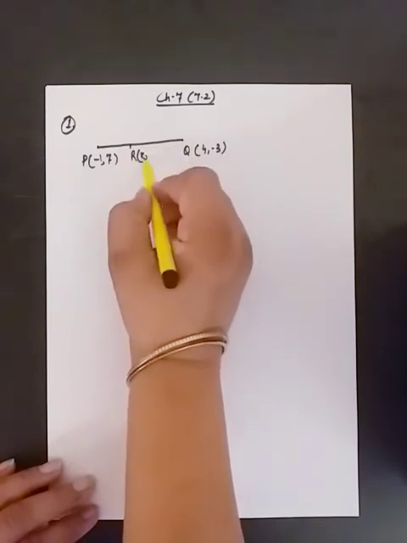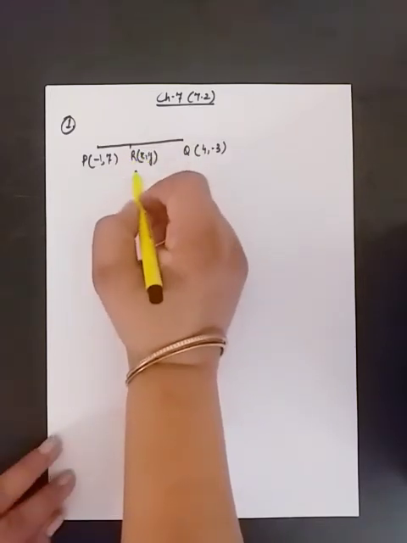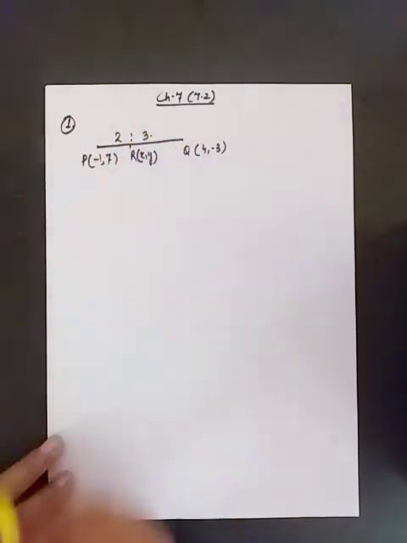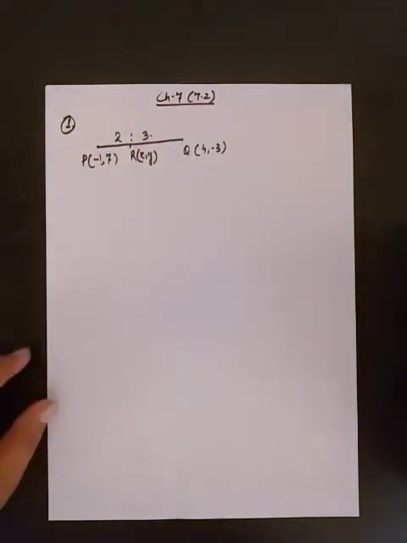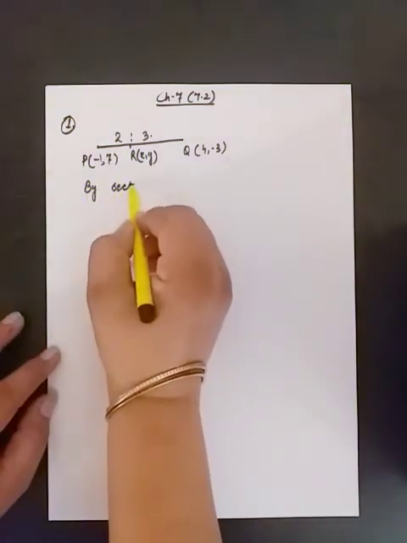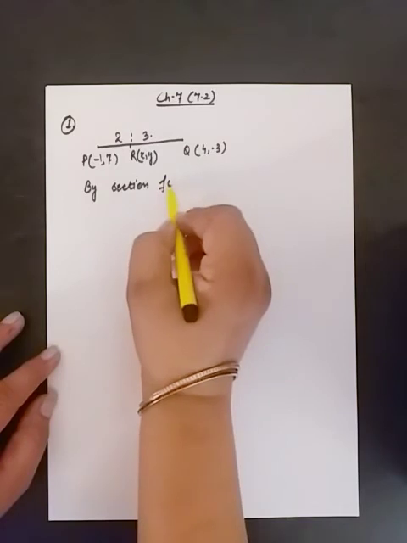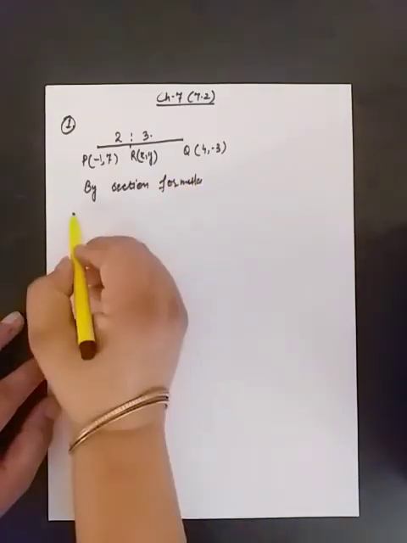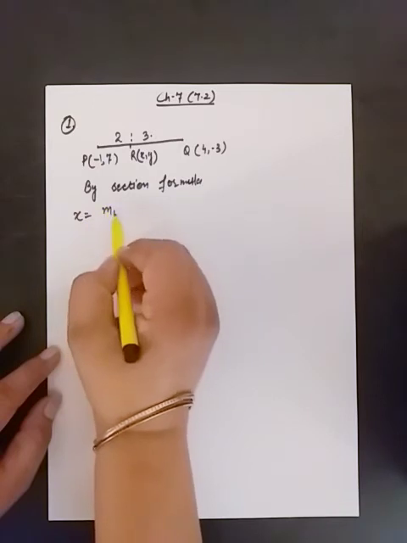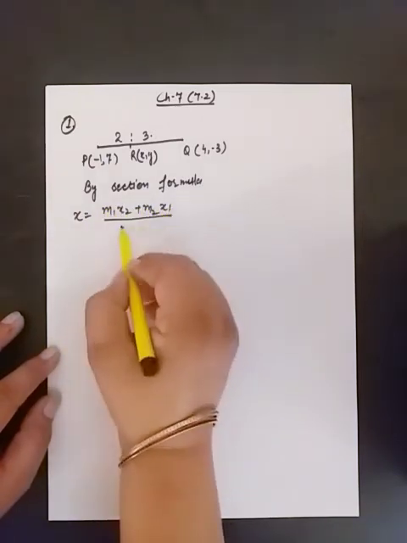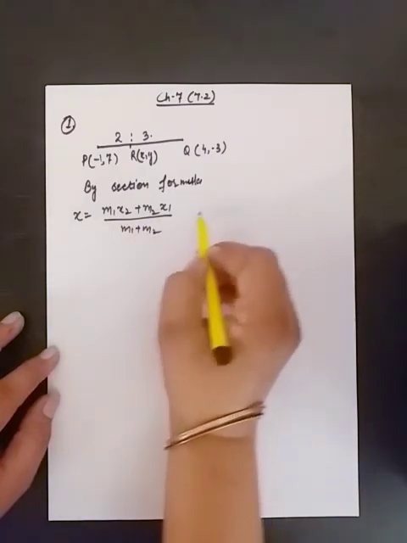Ratio is given to us. So let the coordinates of this point be x and y, and the ratio is 2:3. So you can see we can apply the section formula here. By section formula, x is equal to (m1 x2 plus m2 x1) by (m1 plus m2).